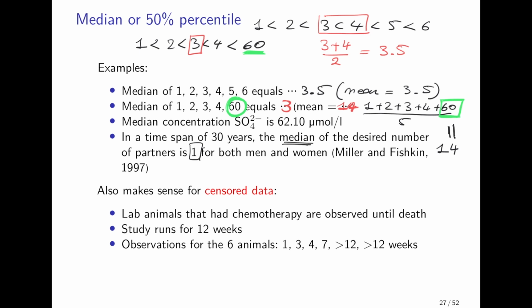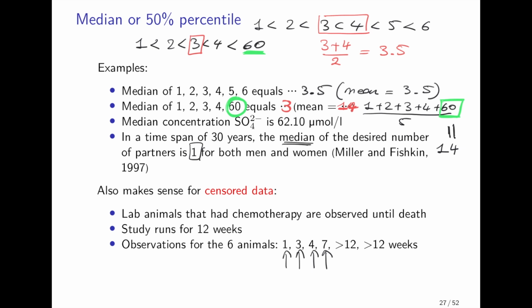Let's say that we have 6 animals in our study, and we observe for the first 4 animals that animal 1 dies after 1 week, animal 2 dies after 3 weeks, animal 3 after 4 weeks, animal 4 after 7 weeks. And now let's say that the last 2 animals, 5 and 6, survive the entire study.